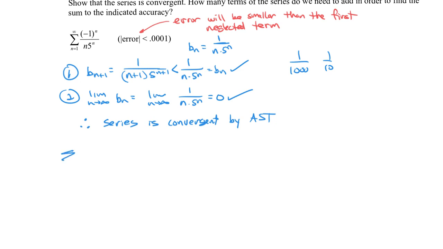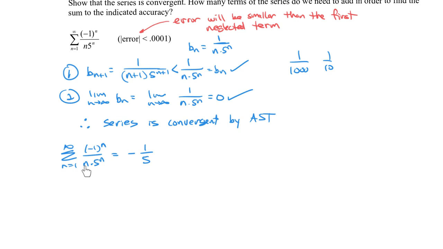So for that part, let's write this down. The sum from n equals 1 to infinity of negative 1 to the n over n times 5 to the n. And these are going to be easy. Usually the easier way to go is just to list these out. So if I let n be 1, I'm going to get a negative number, right? Because I'll get negative 1 to the n, so I'll get negative 1. And down here, I'm just going to have 1/5, right? Plug a 1 in here, get 1. 5 to the n is just 1, and this makes it negative 1 to the n, which is a negative.